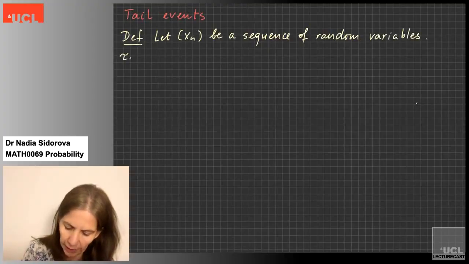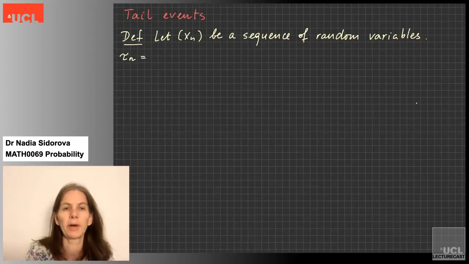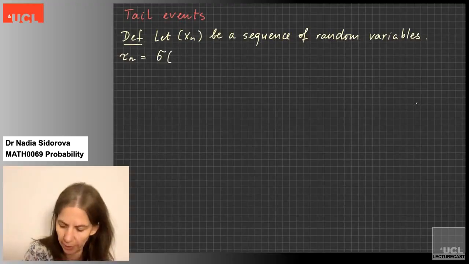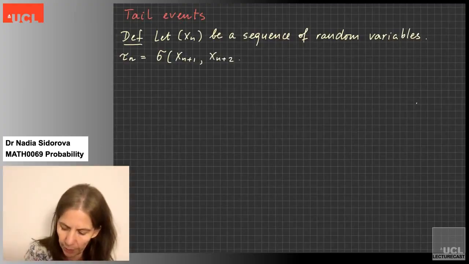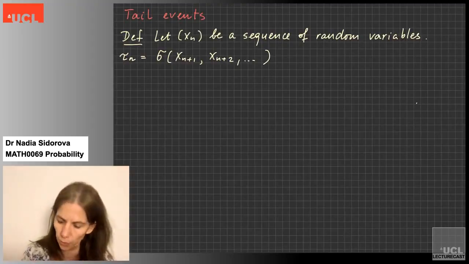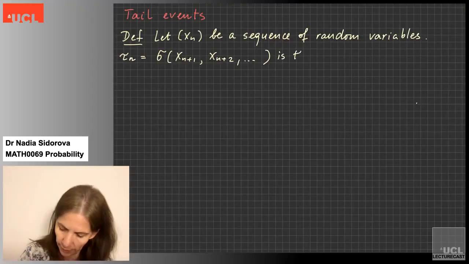And then for any n, I define the sigma algebra tau n as simply the sigma algebra generated by the random variables xn plus 1, xn plus 2, and so on. And this sigma algebra is called the nth tail sigma algebra of xn.